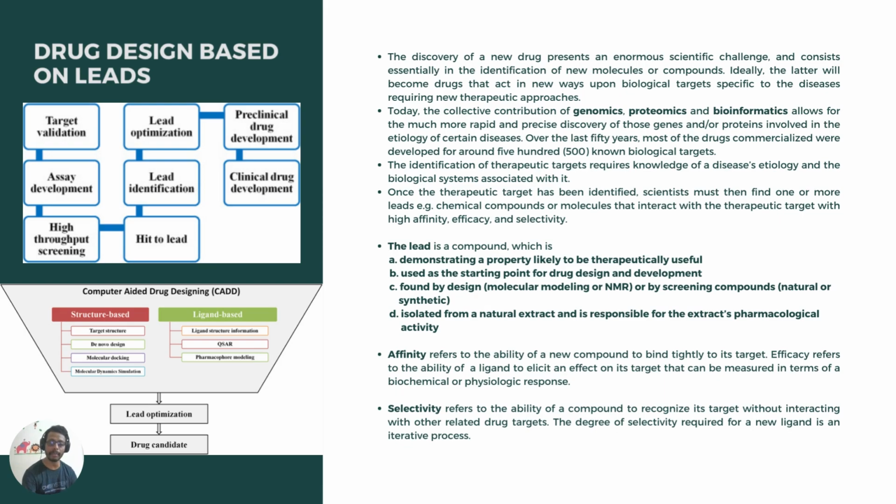That is the first property of a lead molecule. So the property of the lead molecule should be therapeutically useful, and the lead molecule should be used as the starting point for drug design and development. The first starting point for drug designing and development is identifying the lead molecule.